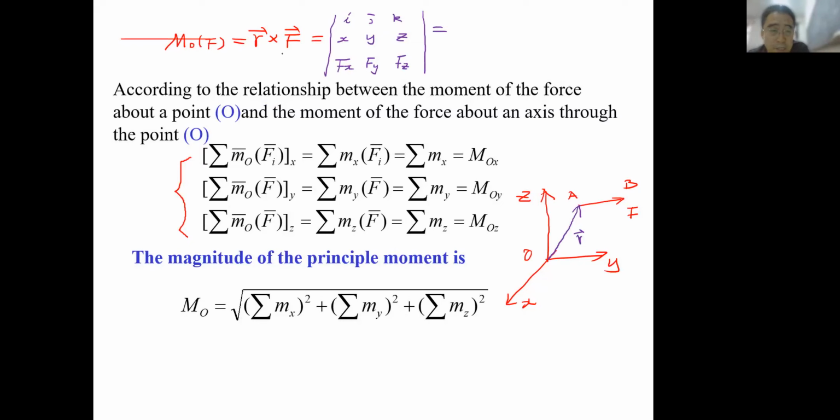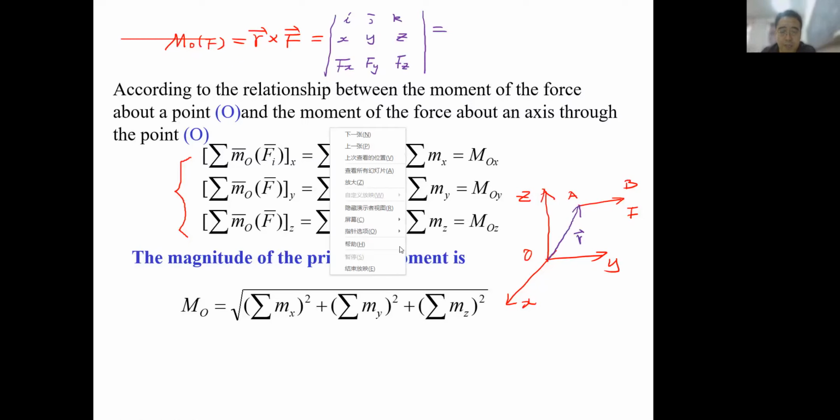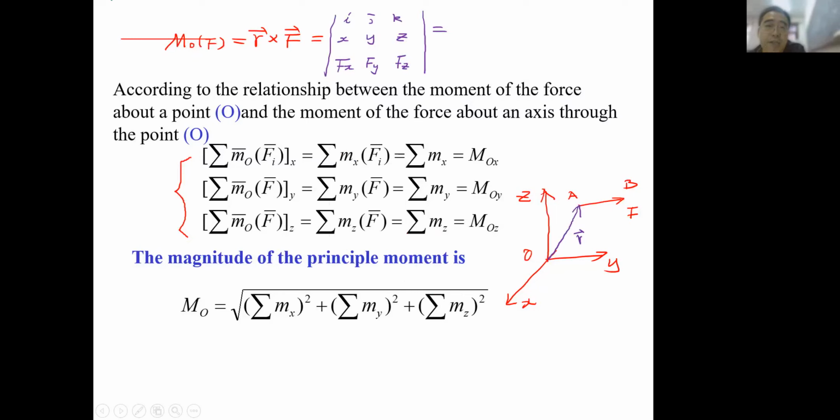Whatever x, y, z and Fx, Fy, Fz are, if we try to find the component of M_O(F) along the x-axis, please pay attention to me. I think this part is very useful. I hope you guys can understand that.